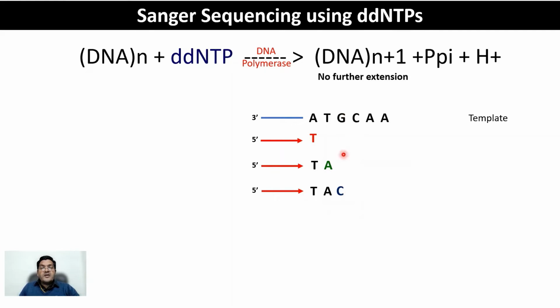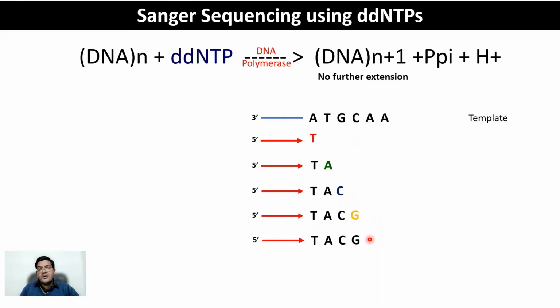However, given that we have dNTPs and ddNTPs in a certain ratio, some of the fragments would incorporate a normal cytosine. So in which case it moves to the fourth position here, which is a cytosine on the template. So a guanine will be added here. Again, a dNTP or a ddNTP. If it is a ddNTP, no further extension happens on this fragment. However, in case you have a normal guanine getting incorporated, then you come to the next position again, and again you have a choice between dTTP or ddTTP thymine, right?